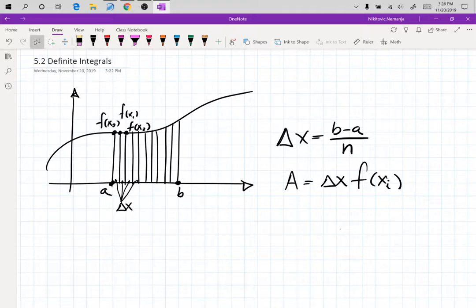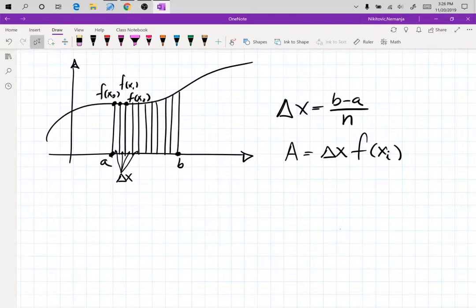So we kept track of the particular rectangle we talked about by using the xi, where this i went from 0 to n and worked its way out.